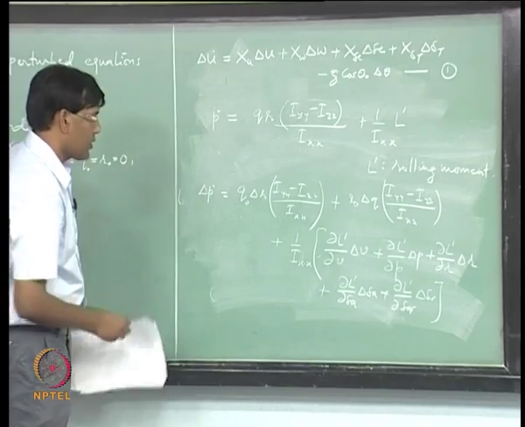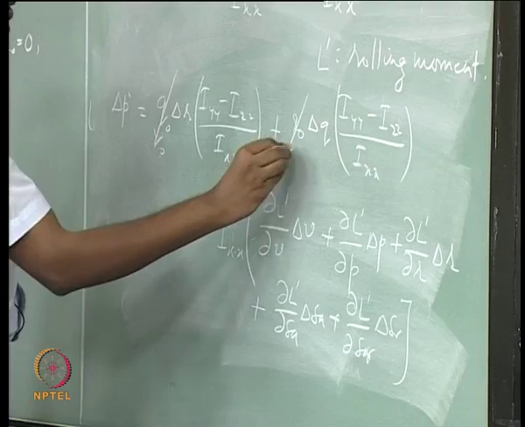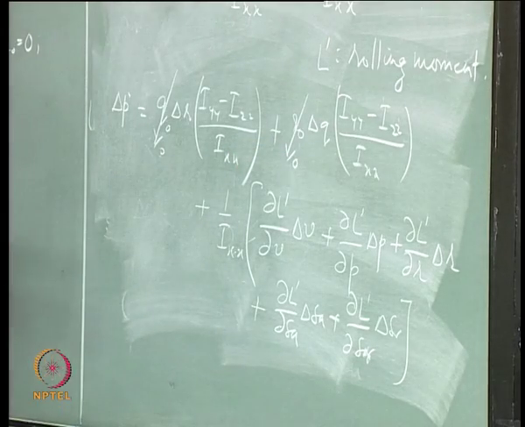Can be expanded as this. So here the Q naught is 0, R naught is also 0.